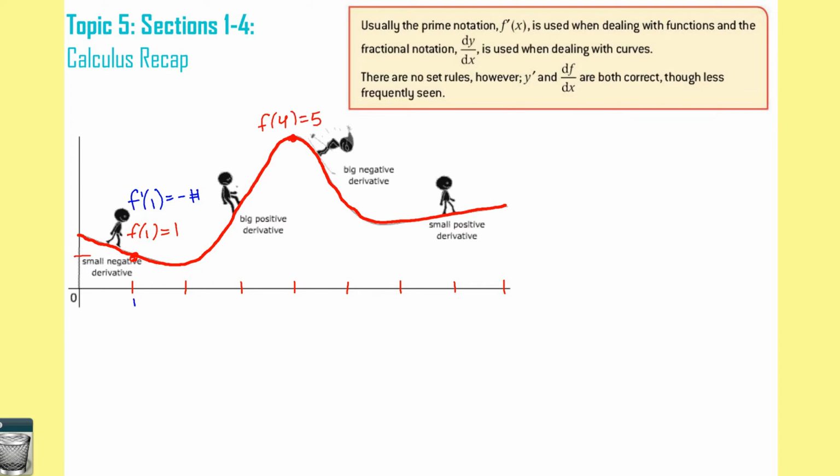But if I were to take the derivative at 4, the slope at this point is 0. Okay? I'm just asking what the slope is. So the derivative, f prime, is what's the slope at that particular point.